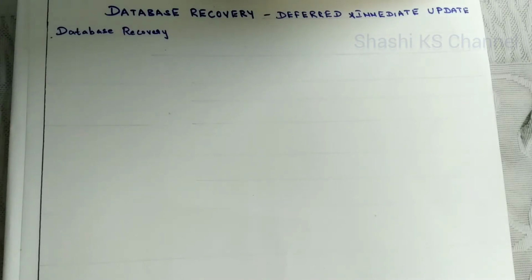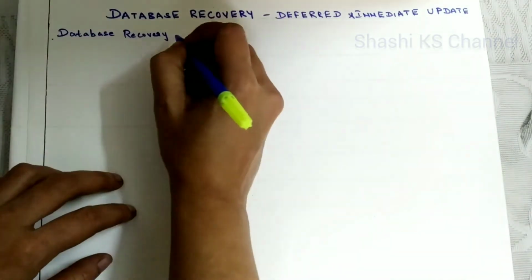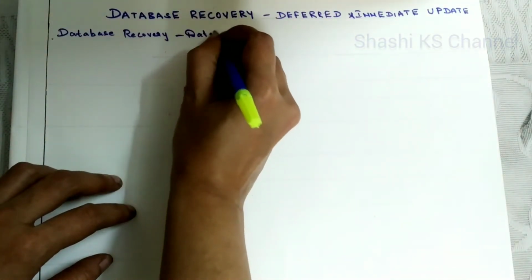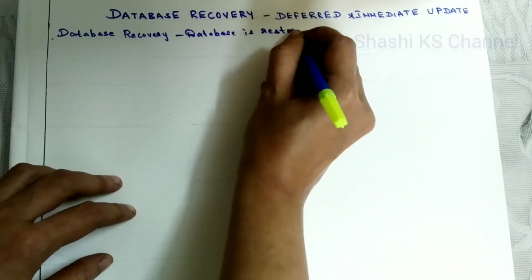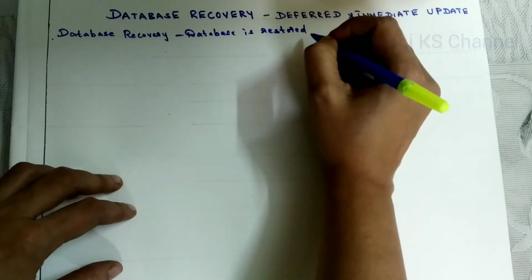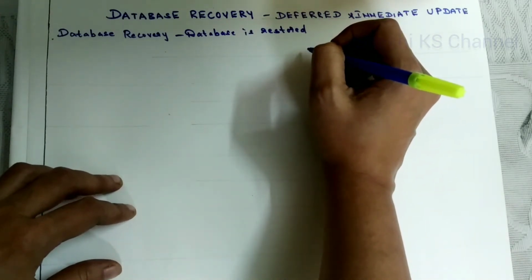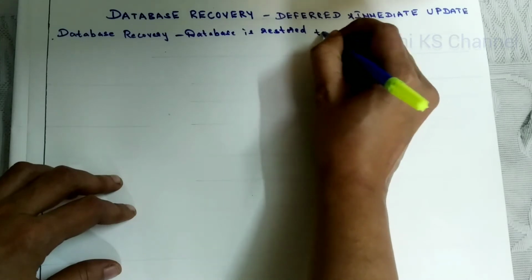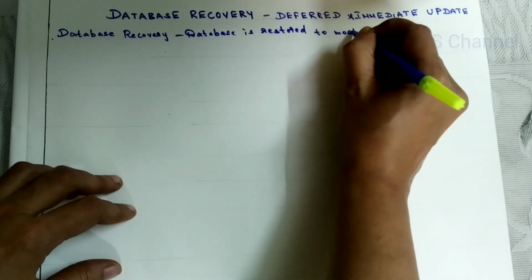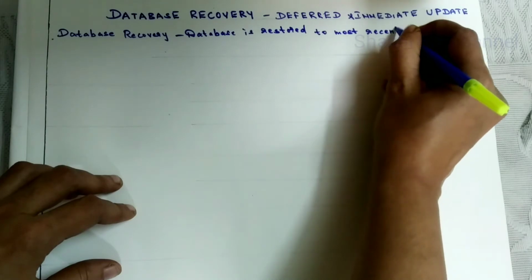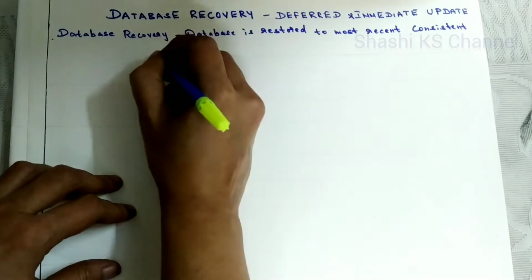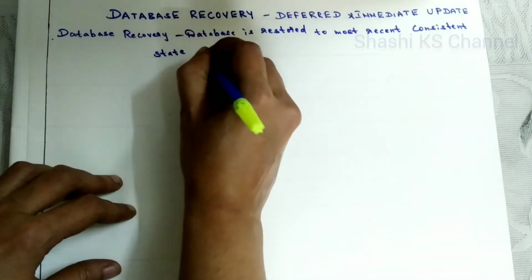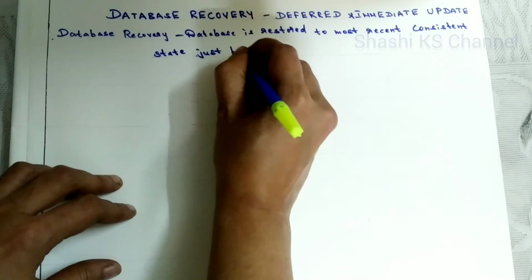So database recovery from transaction failures usually means that the database is restored to the most recent consistent state just before the time of the failure.